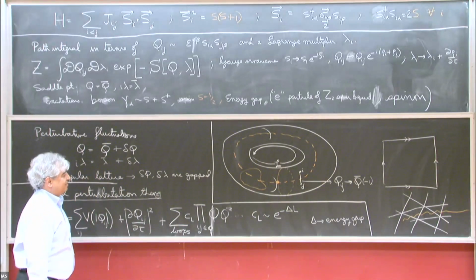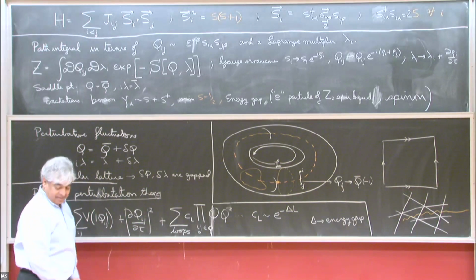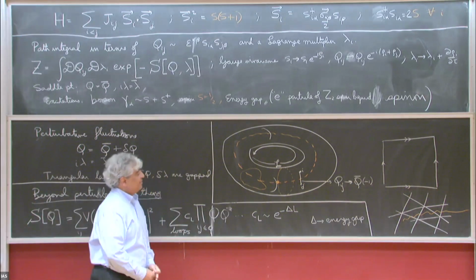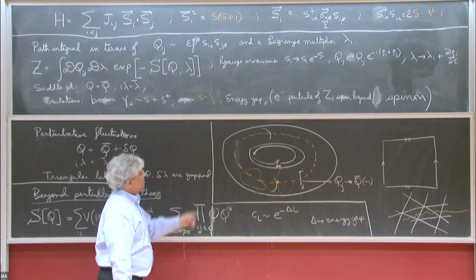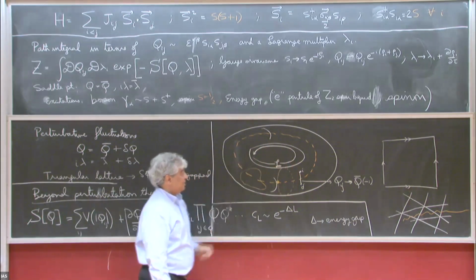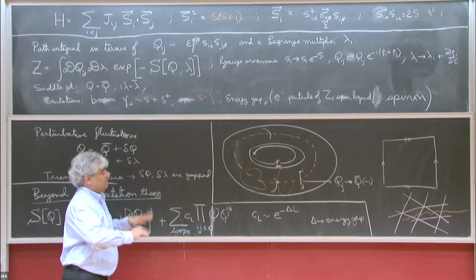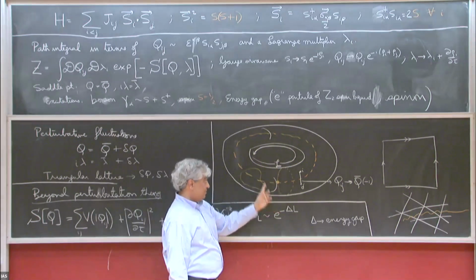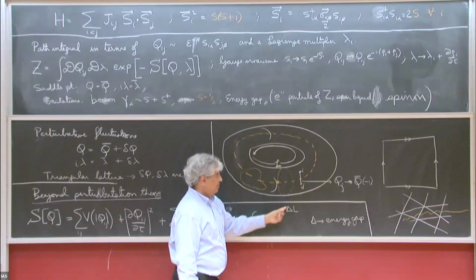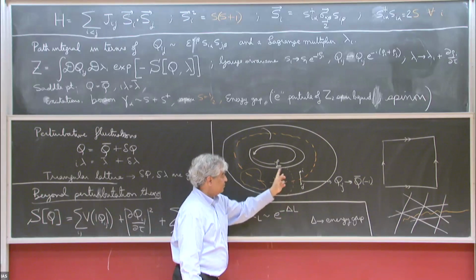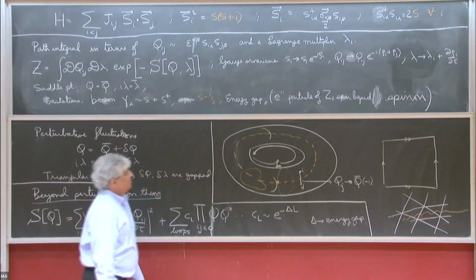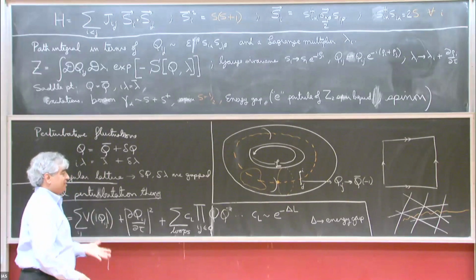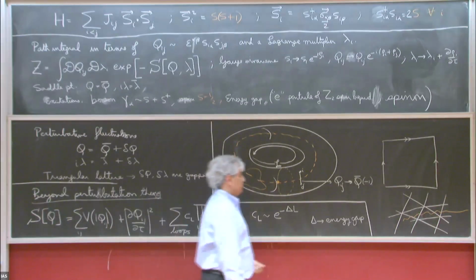Okay, so that's the main argument. And so you can see I've now got at least two saddle points. There's a saddle point with no cut, and then there's this saddle point with one cut. It's a completely different saddle point because there is an observable which is different, which is the loop around the other cycle of the torus. And the difference in energy is exponentially small.